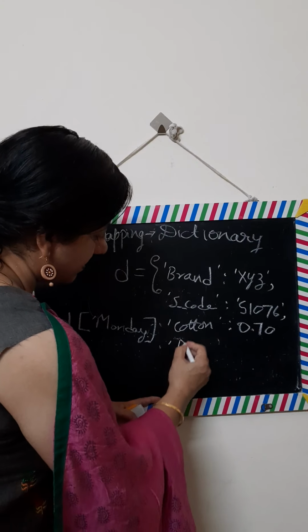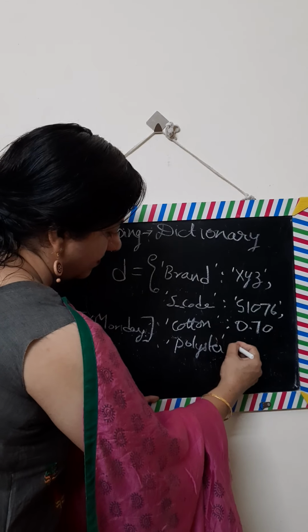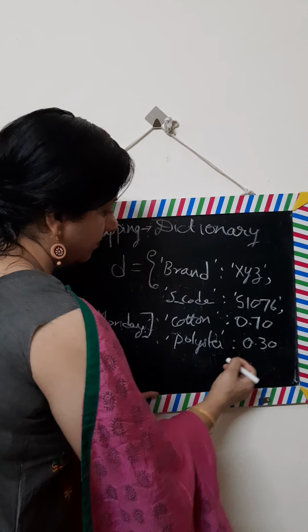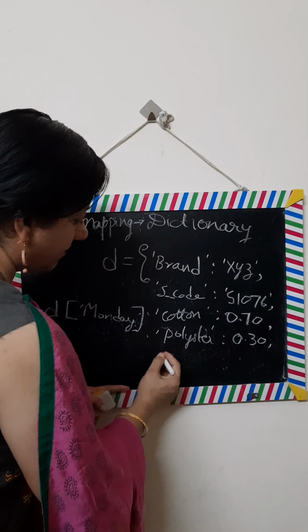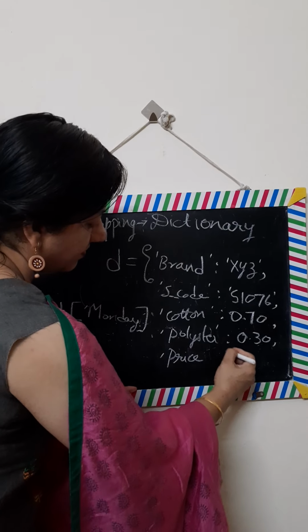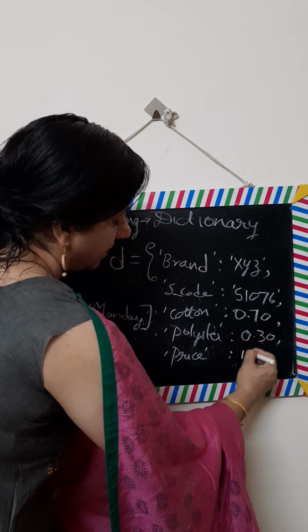Okay, then I will say polyester, and I will say 0.30. That is the remaining part of it. Then, and remember comma everywhere. Then finally I am saying price of this shirt, and I say 1500.